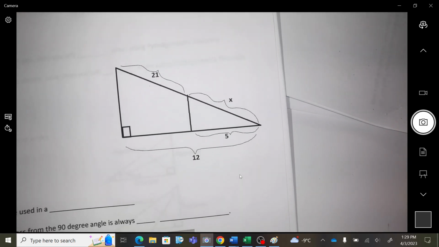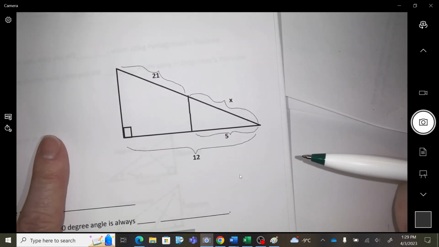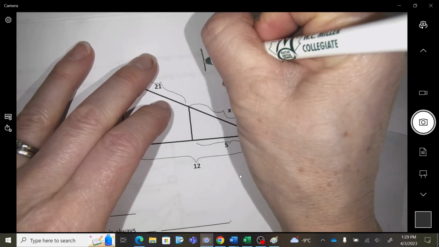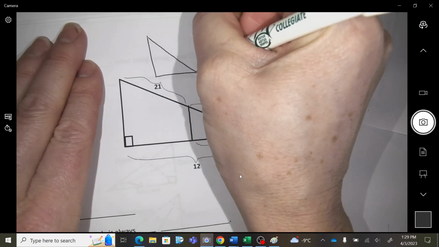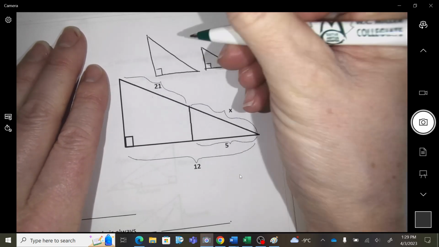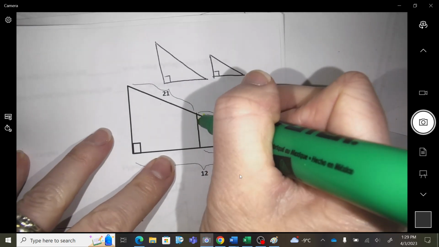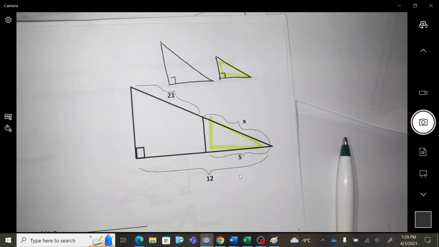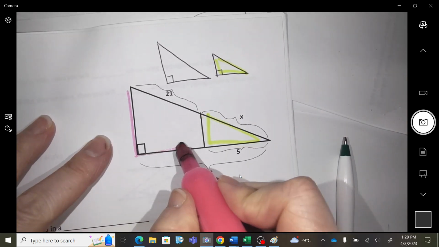Okay, I'm going to take this drawing. I'm going to split it into two separate drawings. So I have a small triangle and a big triangle. Do you see that? That's my small triangle. And this is my big triangle.